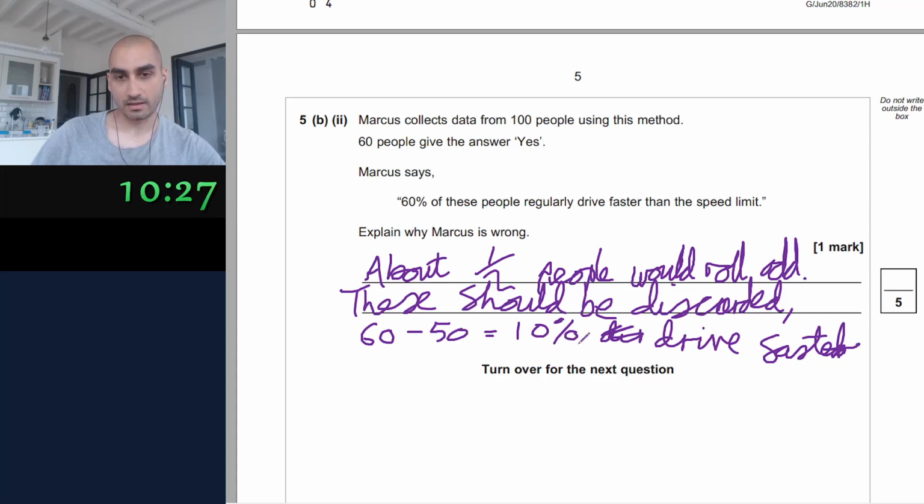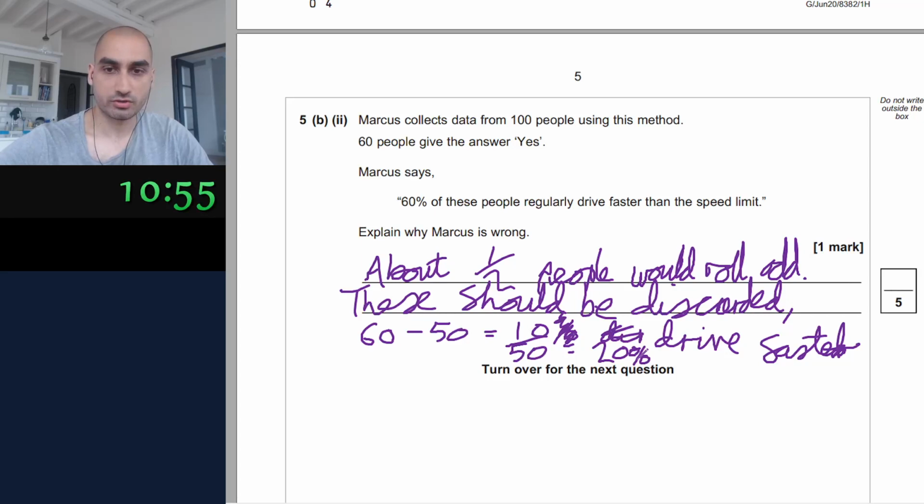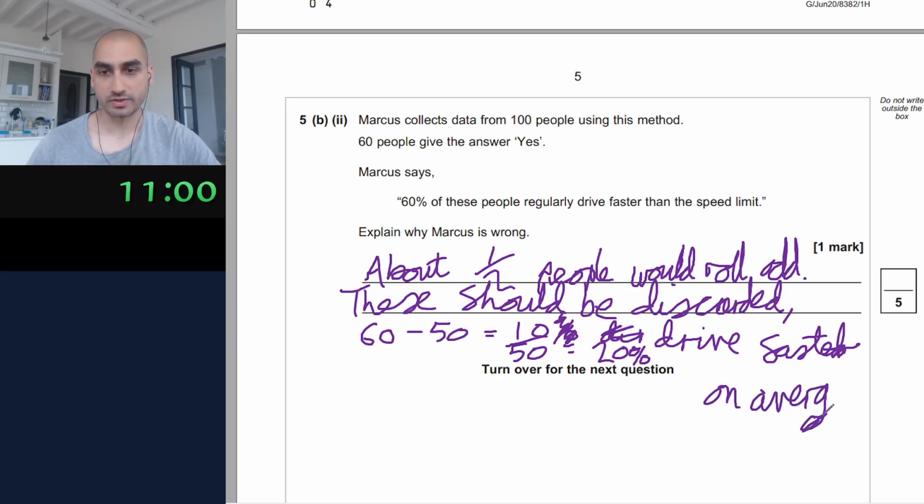So, hang on. Yeah, 10 people out of the remaining 50 people. 10 out of 50 equals 20% drive faster. On average. Let's say on average, just in case, I don't know what the mark scheme will say.